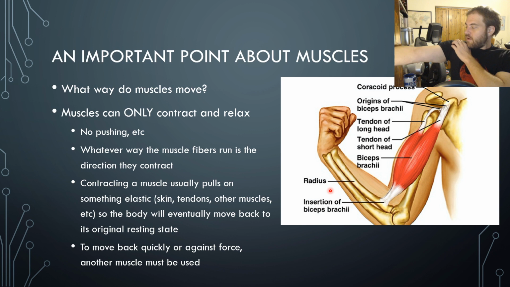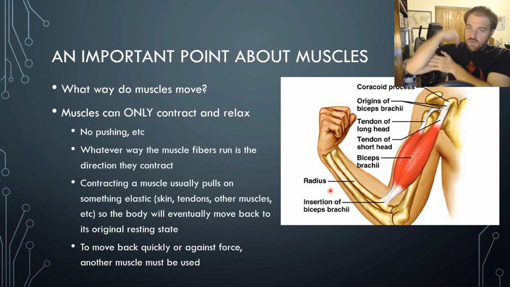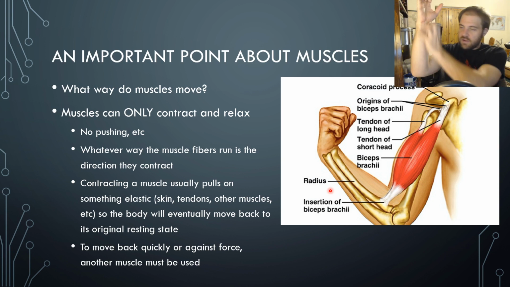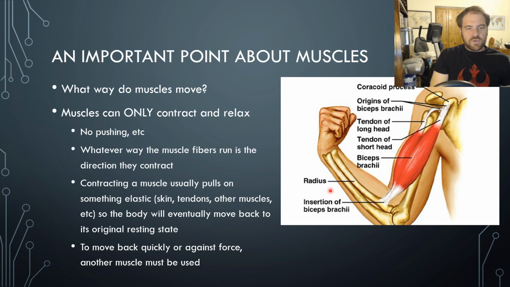So obviously on the arm, they're going to run this way, so they're going to contract this way. Down in the forearm, they kind of run like this, so then it'll pull your hand down that way. And we'll see that there's some muscles that connect here and run along down this way to the sternum from back here behind the skull to the sternum. And those kind of go at an angle.